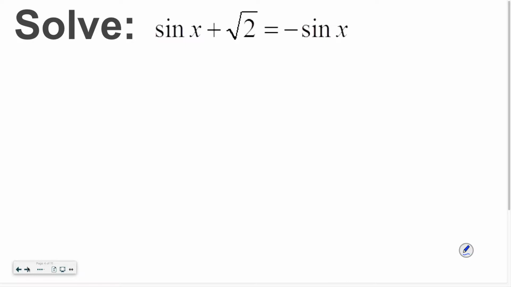Yeah, we are solving an equation. When we talked about trig identities, was it an equation? It was not. I had an expression and an expression, and I was asking you to prove that they're equal. Now I'm giving you an equation that I want you to solve. Solve implies equation. So we can add sine of x to the other side.